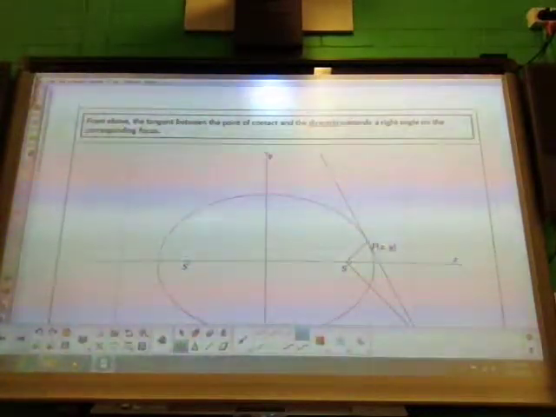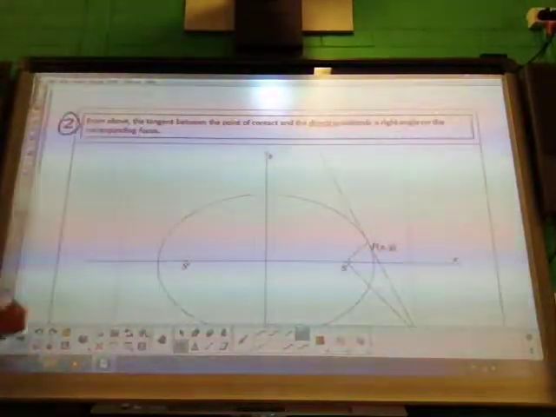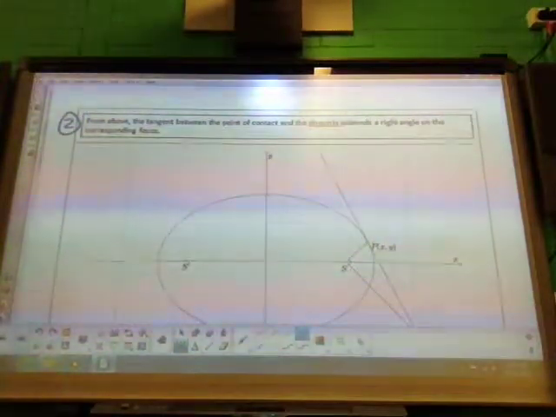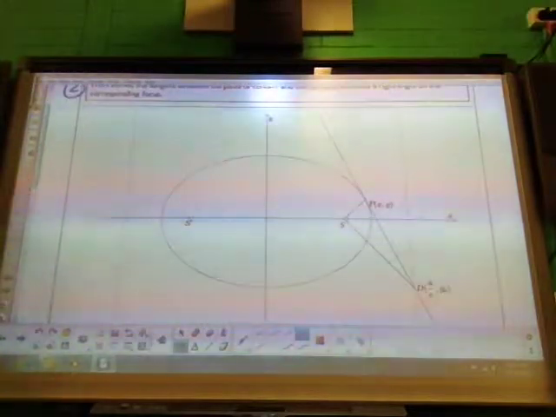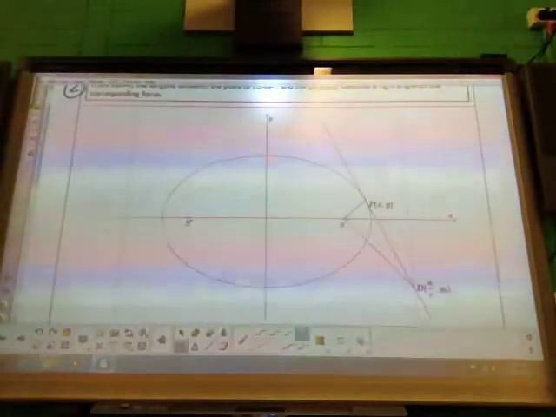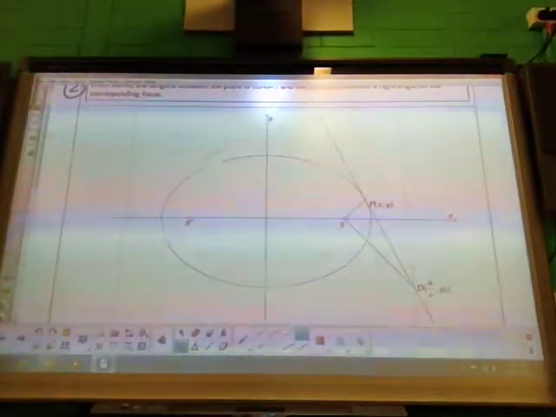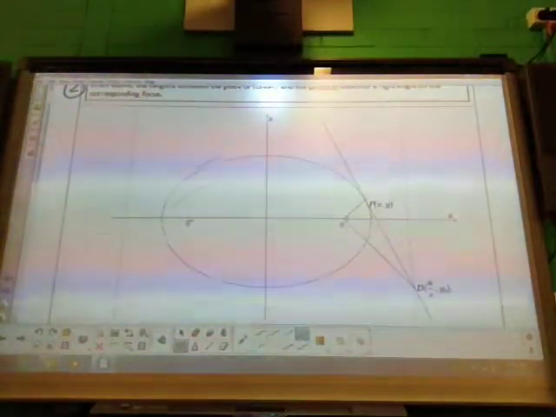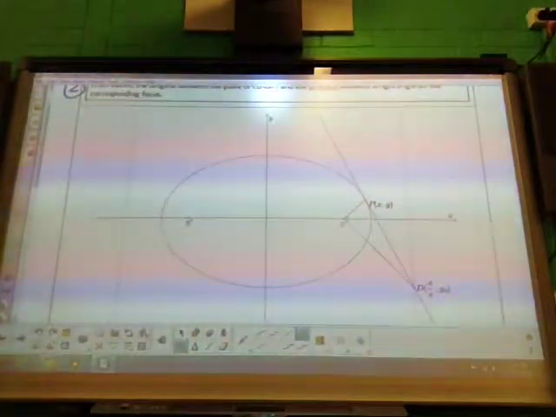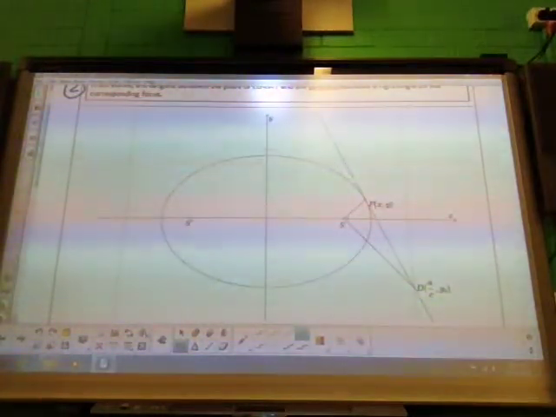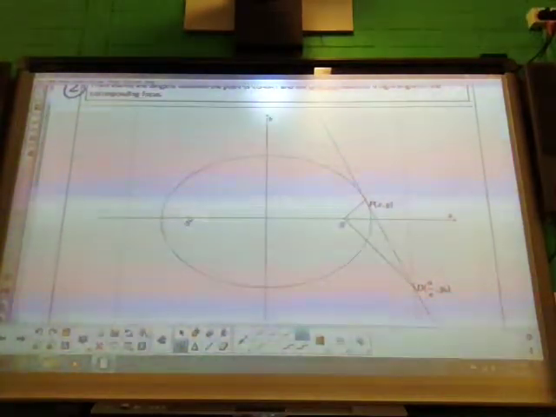Right, number 2. Furthermore, again, if you pick the external point on the directrix, it's not the same property. If you pick the point D on the directrix, you draw a tangent to the ellipse at P, and then you join D with F and P with F, it'll always form a right angle.